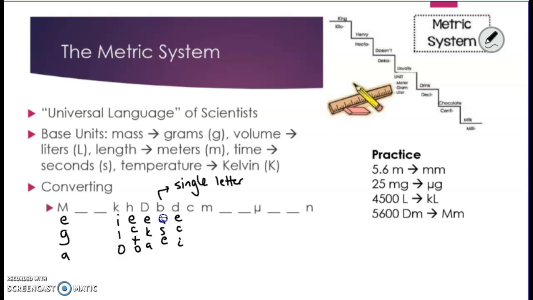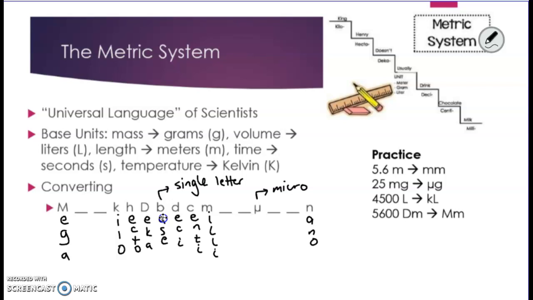Lowercase d is deci. C is centi. M is milli. This funny looking U is called micro. And N is nano. Okay. The other spaces that have no names are placeholders as well that need to be included when we solve these.